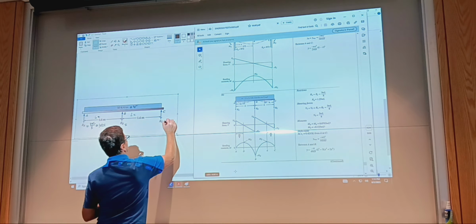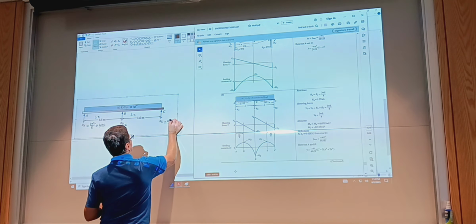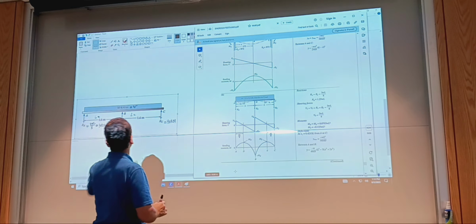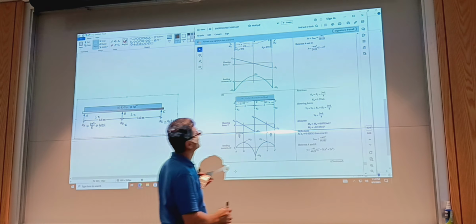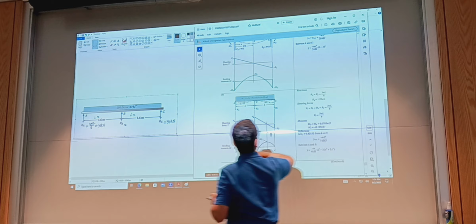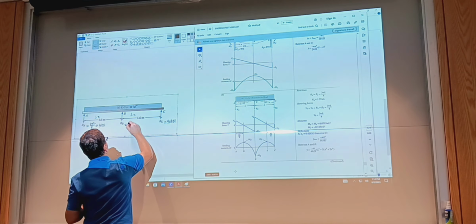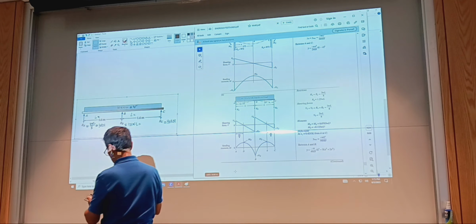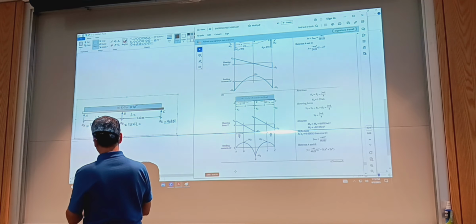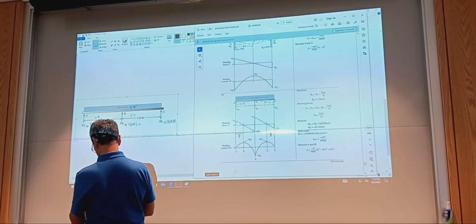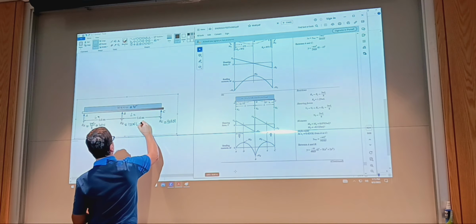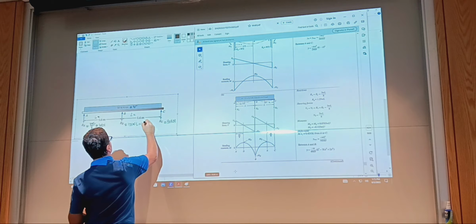And this is likewise 30 kilonewtons. And then the middle support, it's 1.25 W times L. So that's 1.25 times 50 times 1.6. This is 100 kilonewtons. Okay.